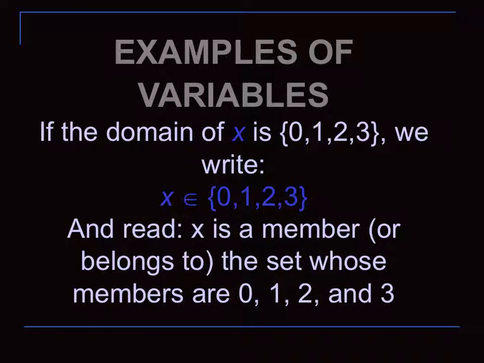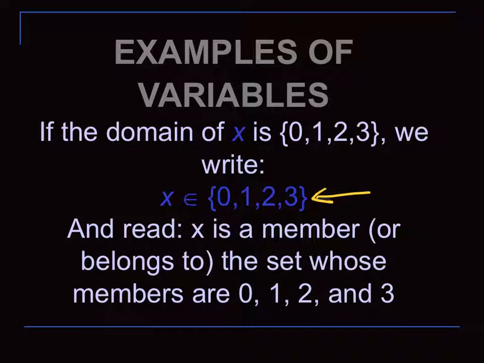So for example, if the domain of x is 0, 1, 2, 3, it means those are all possibilities that could be for x, and we would write it like this. x is a member of, or belongs to, the set whose members are 0, 1, 2, 3. 0, 1, 2, 3 are all possibilities for x.